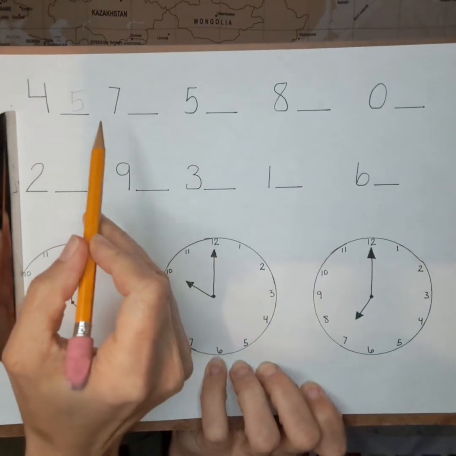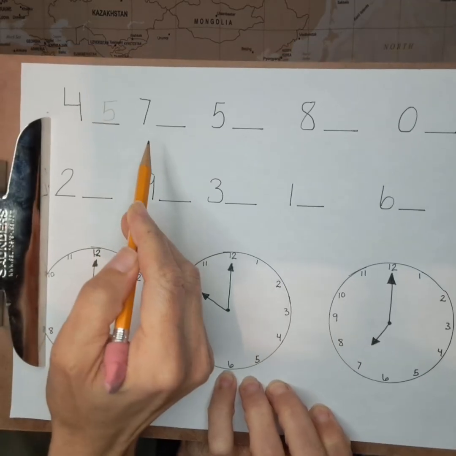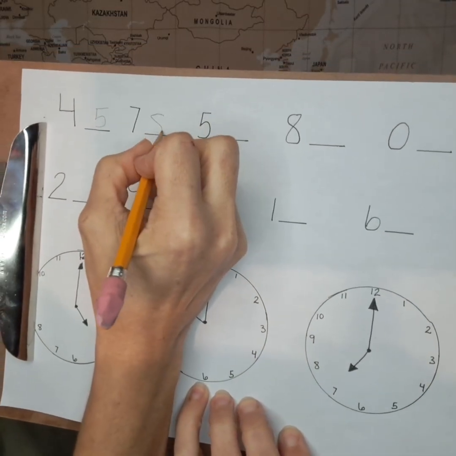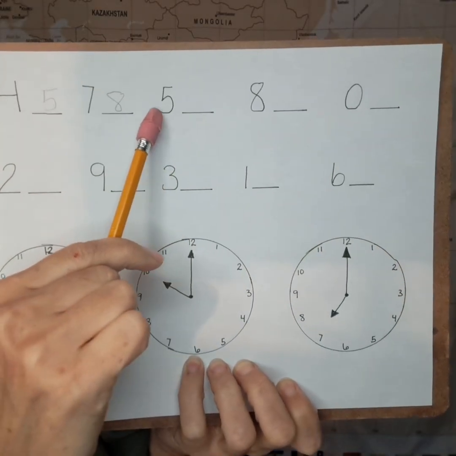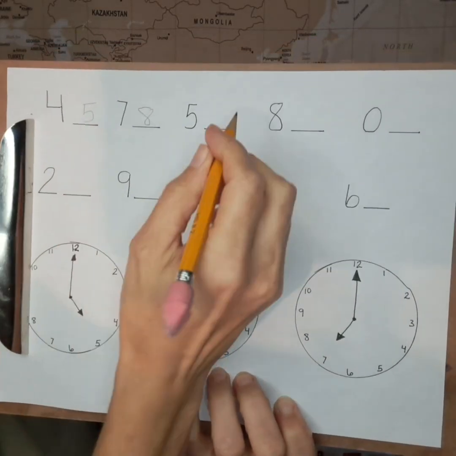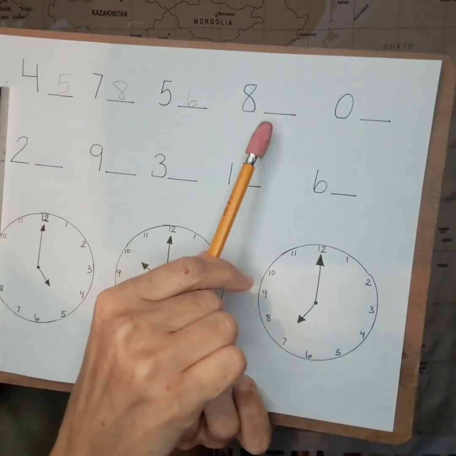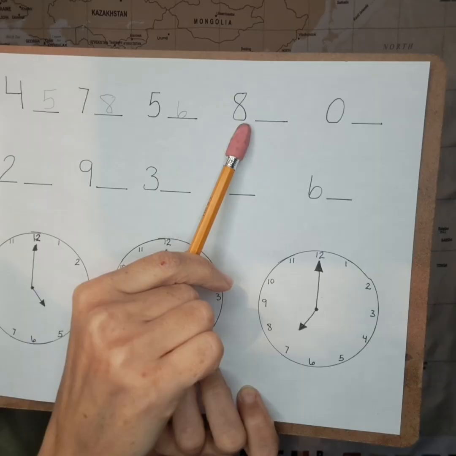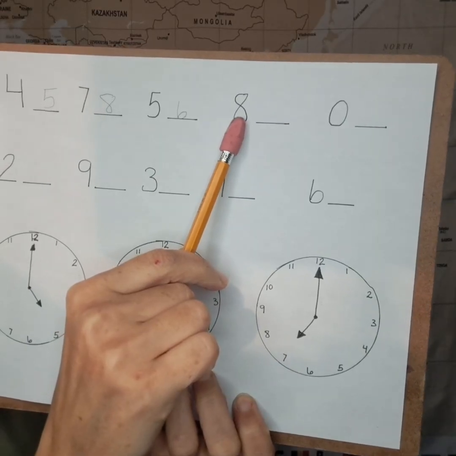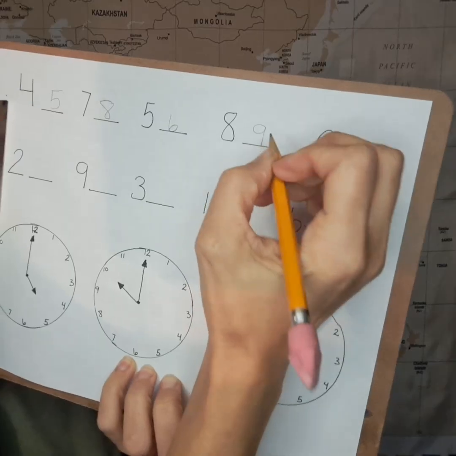Now, what number comes after 7? 1, 2, 3, 4, 5, 6, 7, 8. 8 comes after 7. Now, what number comes after 5? 6. Okay, now what number comes after 8? Do you know? 1, 2, 3, 4, 5, 6, 7, 8, 9.